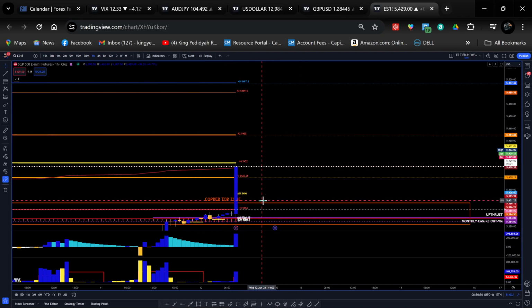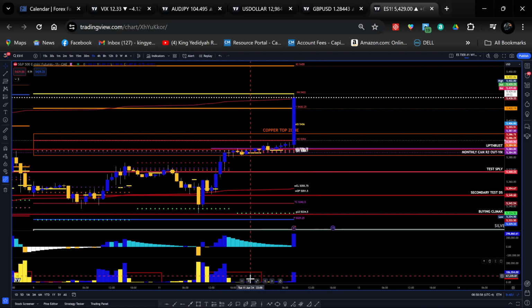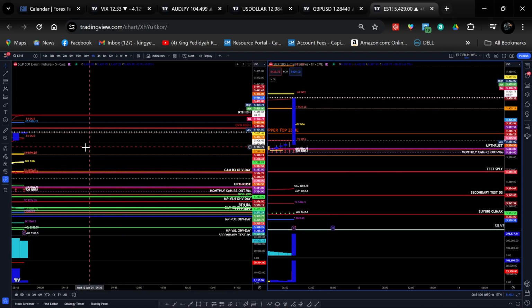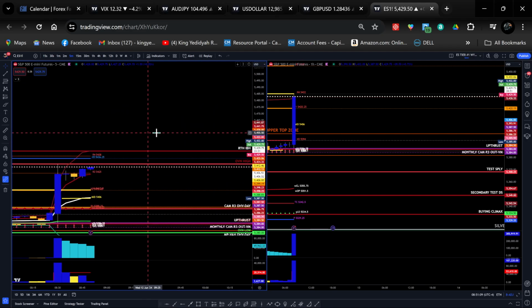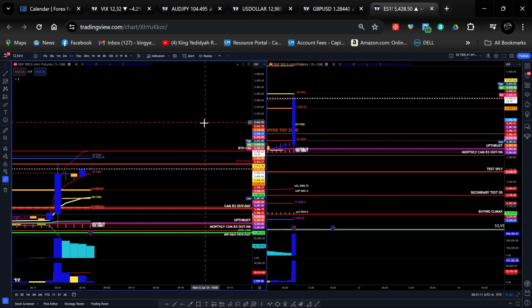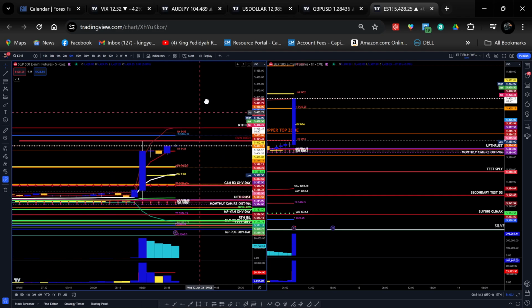So maybe that's something to consider as well. If we build out a little structure here, break above, retest this high, and then go, we could possibly get to that floor pivot R2 level.